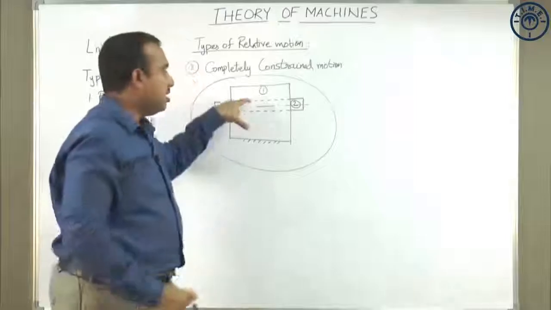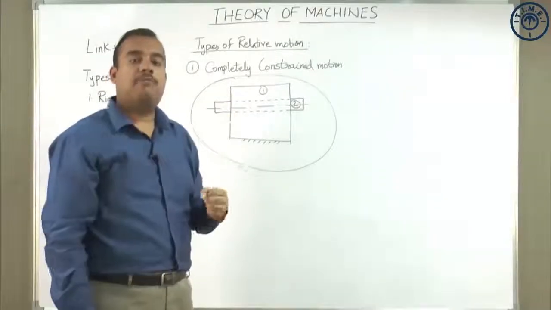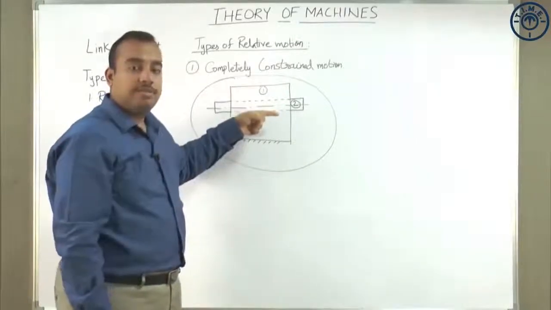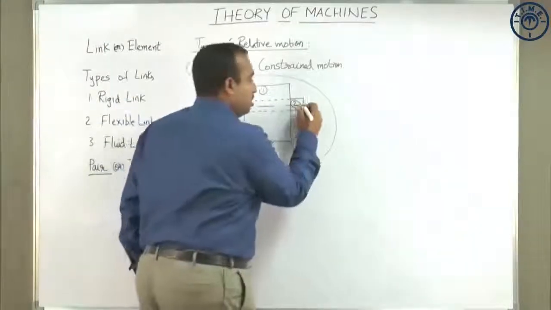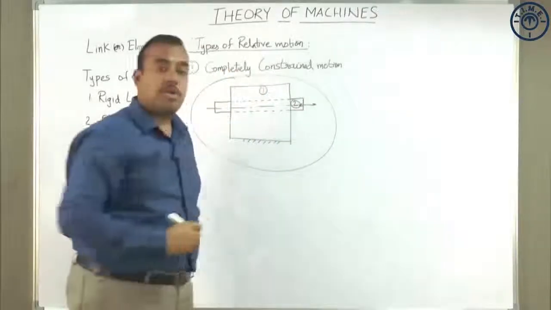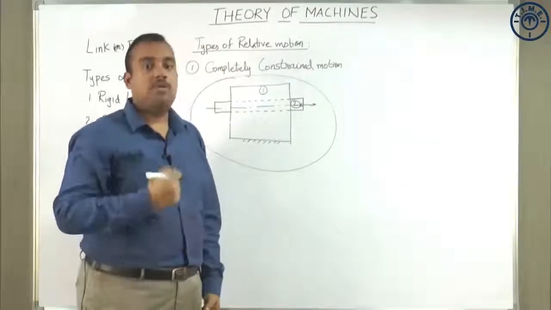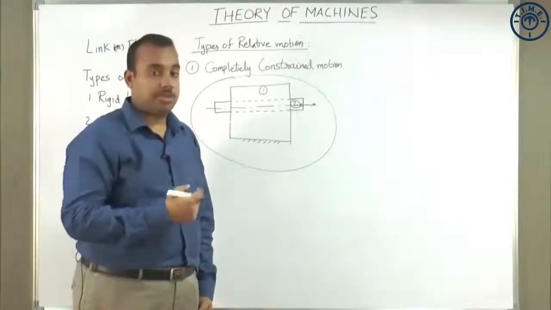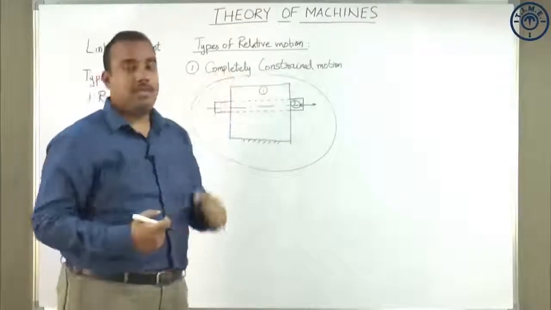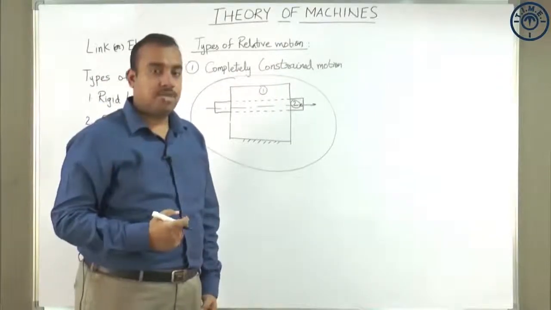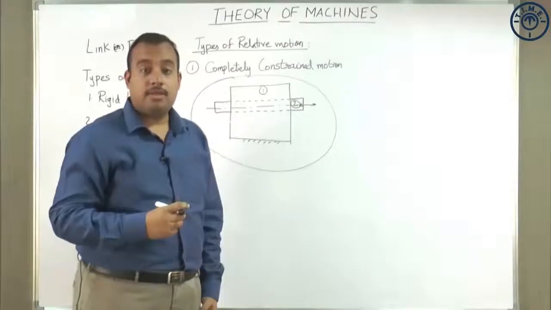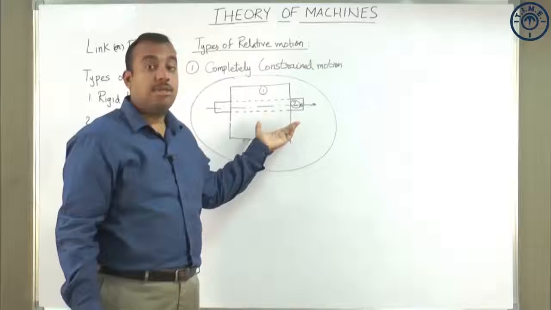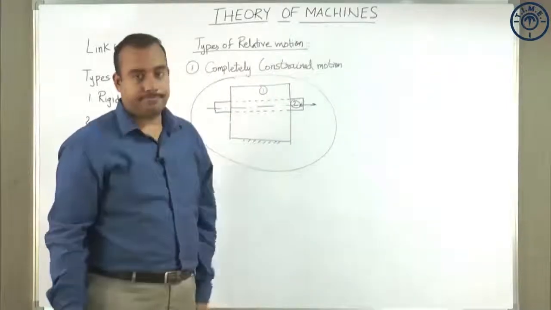Now, here link 1 and link 2 form a part of the system, and between these two links there is only translation or reciprocation possible. So, the system itself is constraining the relative motion between the two links. It is a completely constrained motion. The system itself restricts or constrains the relative motion between the two links of the system.